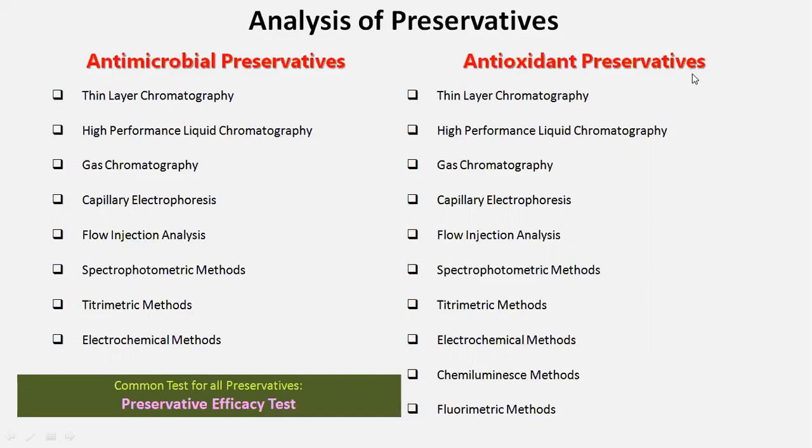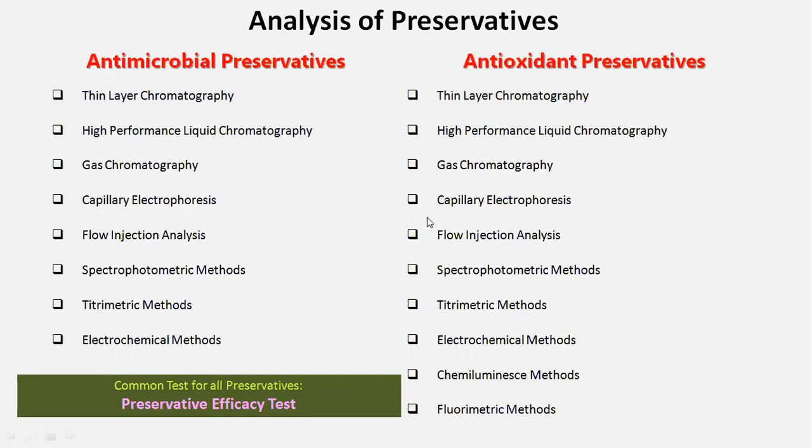For antioxidant preservatives, thin layer chromatography, high performance liquid chromatography, gas chromatography, capillary electrophoresis, flow injection analysis, spectrophotometric methods, titrimetric methods, electrochemical methods, and specific methods for a few antioxidant preservatives, chemiluminescence methods and fluorimetric methods.